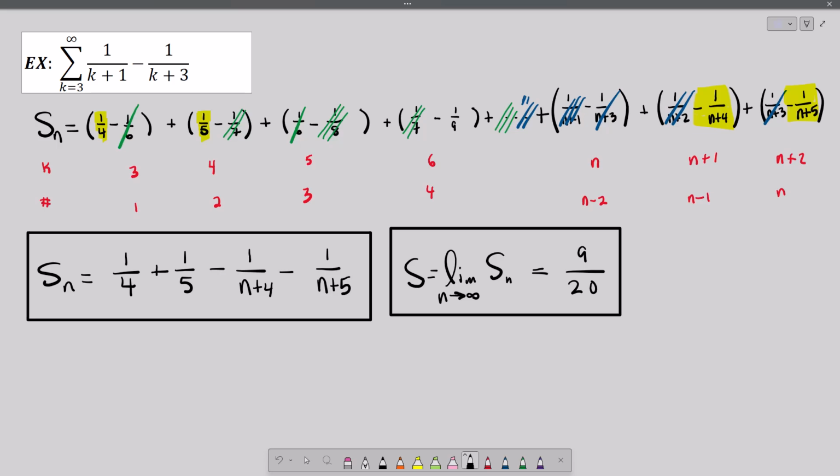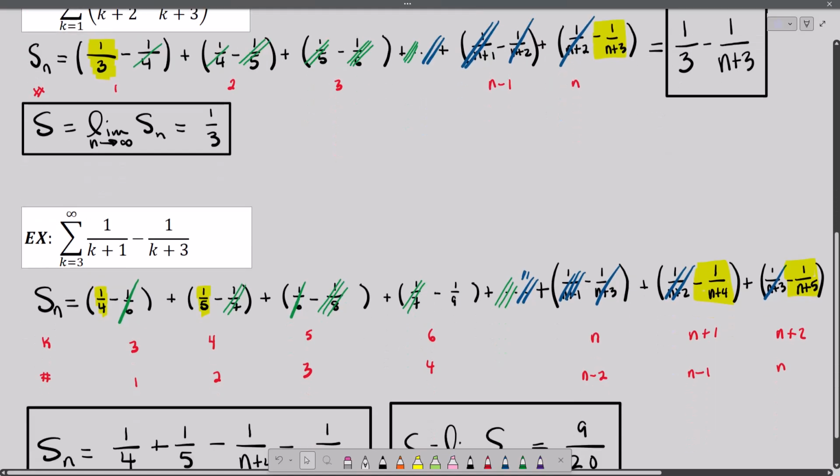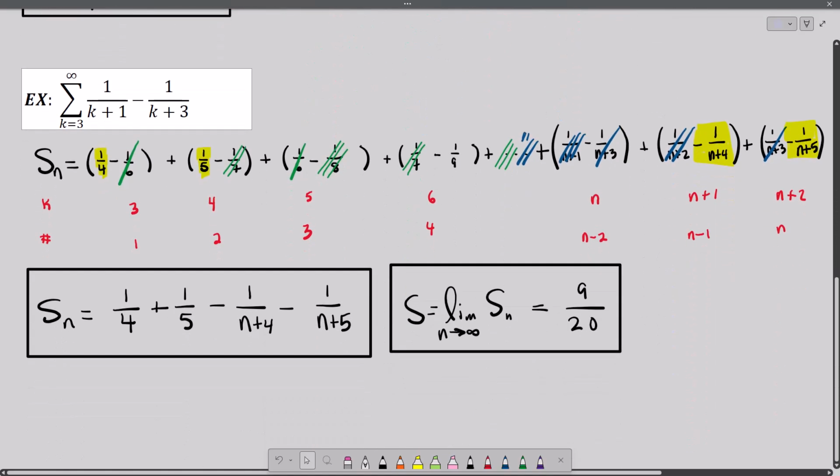And this is about the worst case scenario that we'll see, where the cancellation has this skip in it. You can kind of see a pattern here. Like we have this fractional representation, and you can see the 1 and the 3 differ by 2, whereas up here they only differed by 1. So if they differed by 3, you'd end up with 3 terms in the front and 3 in the back.